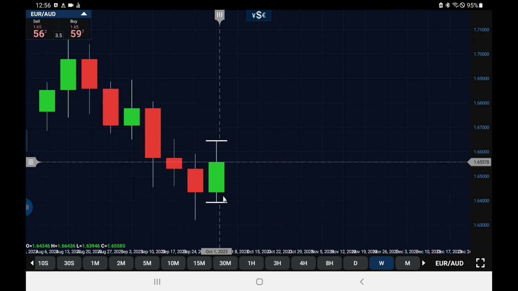Now these wicks are important to a lot of traders because they tell traders how much the bulls and the bears actually pushed against each other, trying to drive price up or down. In the market, a bull is somebody that wants price to go up, and a bear is somebody that wants price to go down.